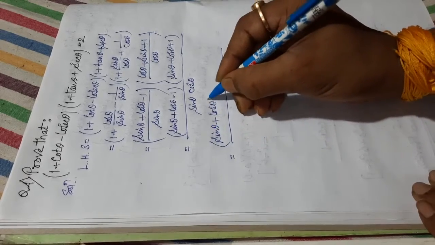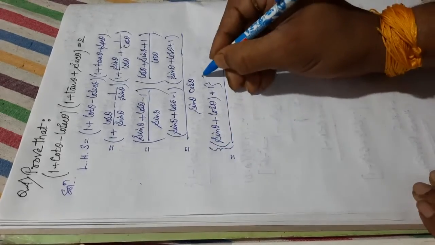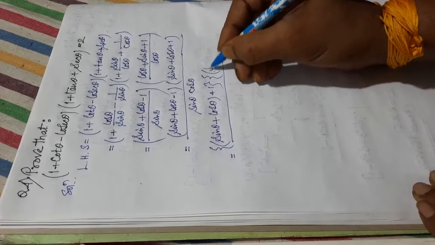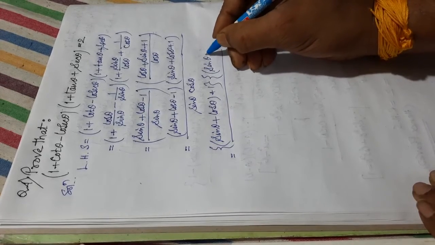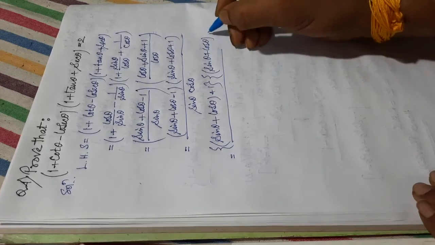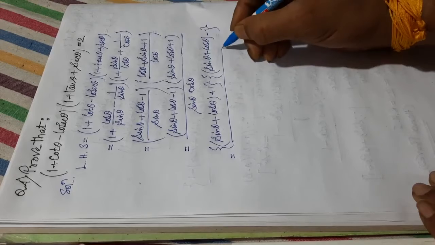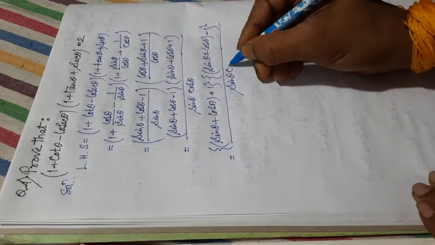Sin theta plus cos theta plus 1 into sin theta plus cos theta minus 1 divided by sin theta cos theta.